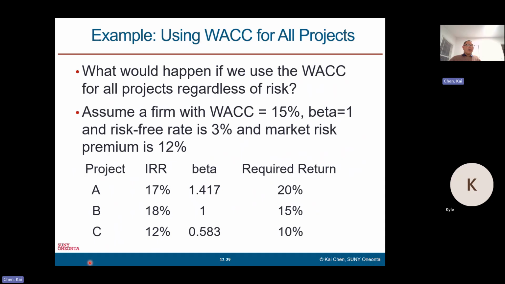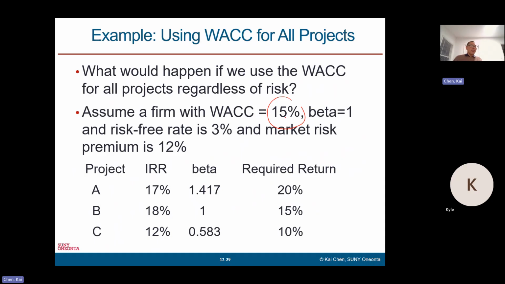Then we can use WACC, the weighted average cost of capital, as a discount rate to make the decision about whether to accept these projects or not. In this case, what should we do? 15% is the required rate of return, or the discount rate, right?